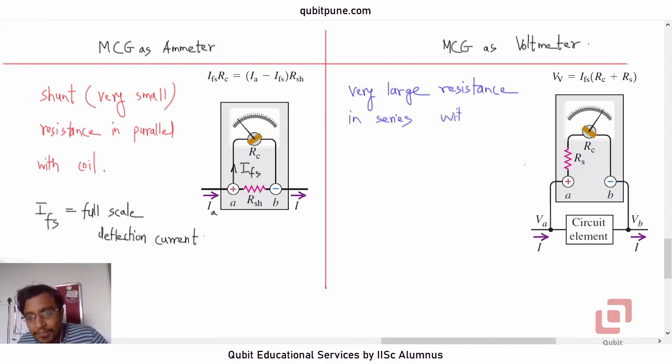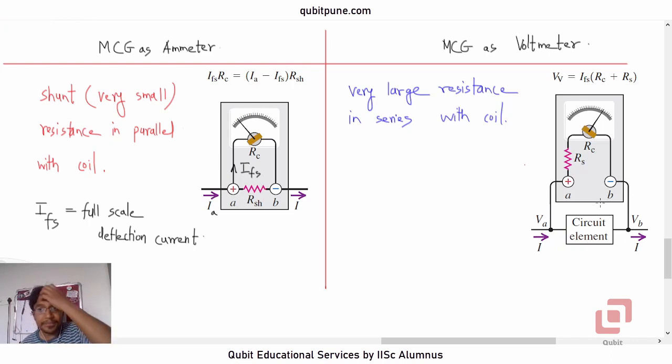The purpose is to make as small a current as possible flow through the galvanometer, in order not to change the potential difference between the ends A and B as much. Because we want to measure the potential difference across a circuit element, we must connect a voltmeter in parallel with that element. For an ammeter we connect in series; here we connect in parallel with the circuit element.